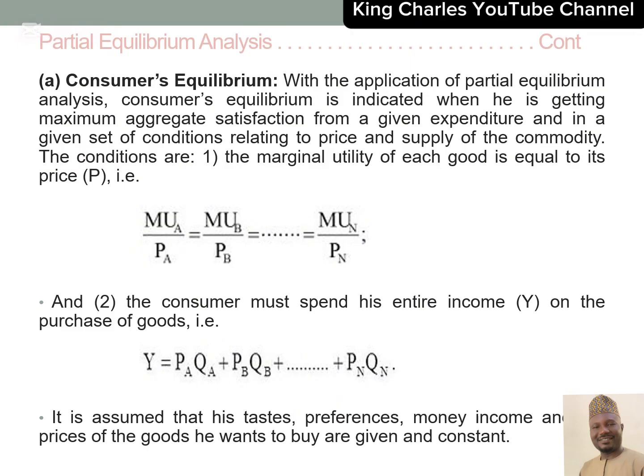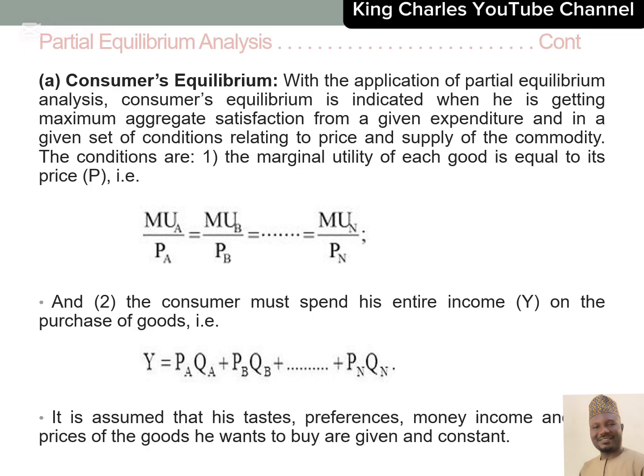So PC equal to 100, and you end up buying 3 Milo. That is QC equal to 3. So what we are saying is that your income Y is equal to, you do the mathematics, price of egg times the number of egg you buy will give you 300 naira. That's 3 times 100.